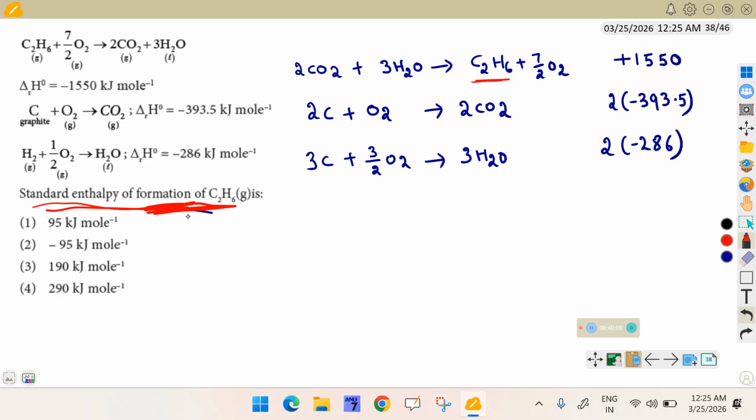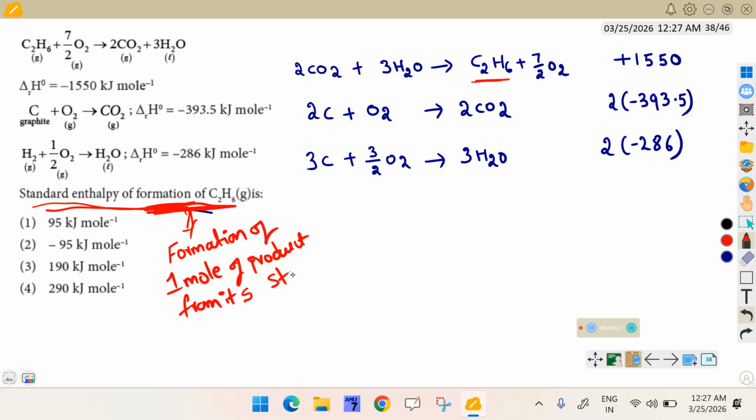Standard enthalpy of formation means formation of product from its standard state.